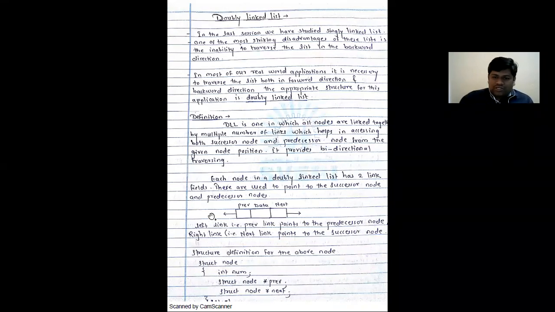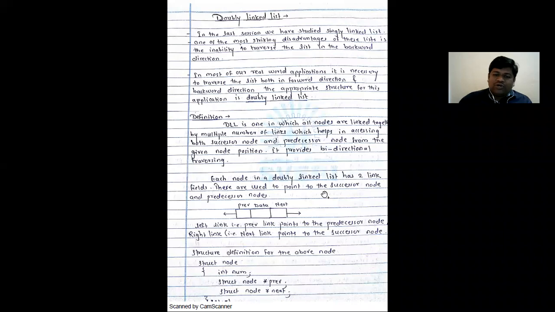Now here the structure of the node is given, right? Each node in the doubly linked list has two link fields. These are used to point to the successor node and predecessor node. The left link is the previous link pointing to the predecessor node, and the right link is the next link pointing to the successor node.